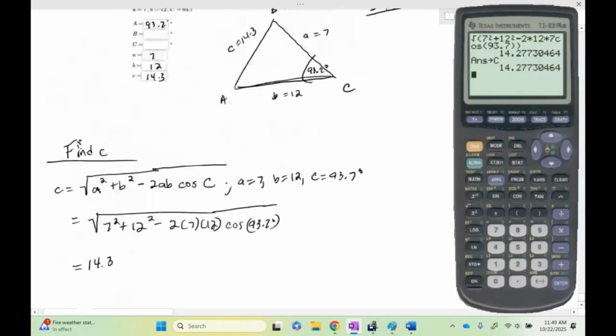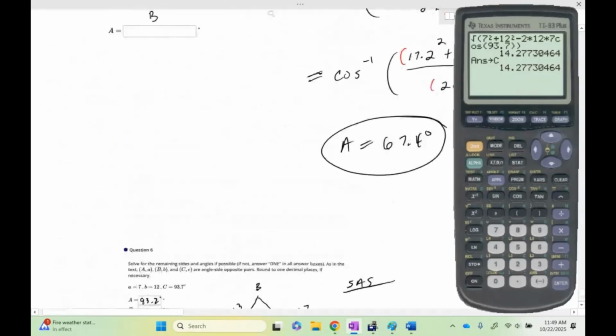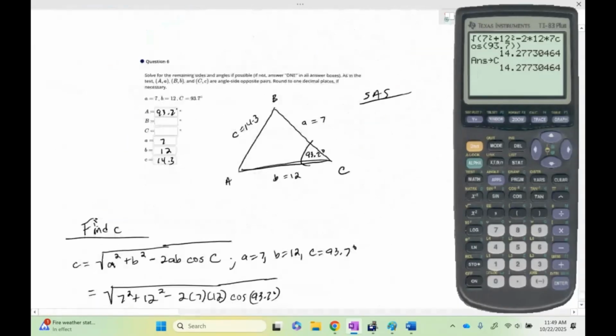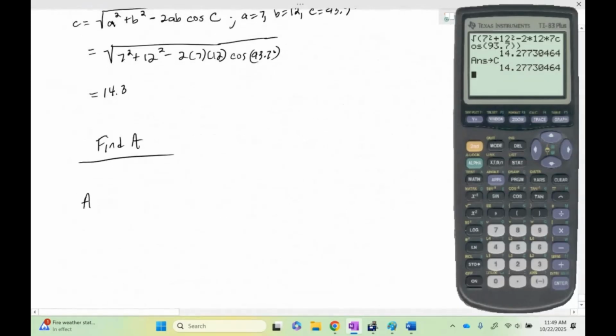All right, so we do have a formula that we just used to find angle A. So A is equal to the arc cosine of B squared plus C squared minus A squared over 2BC.